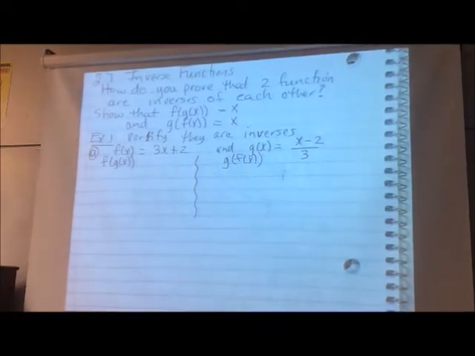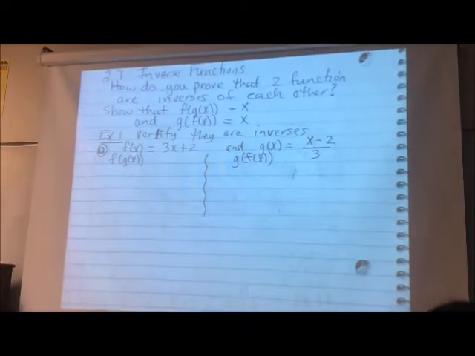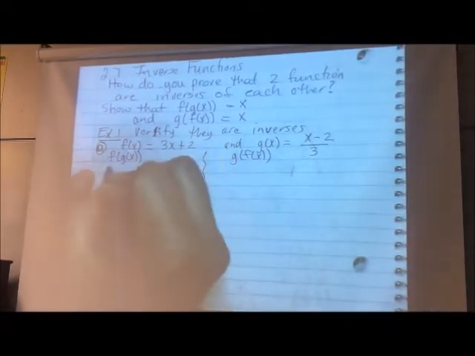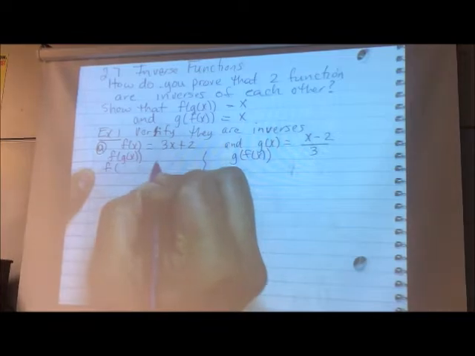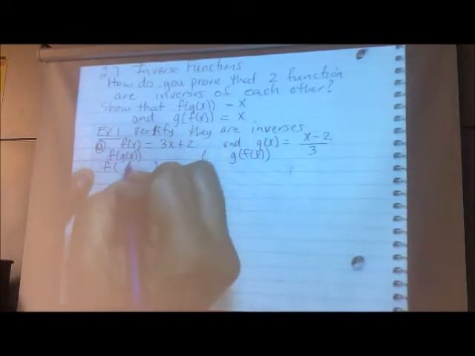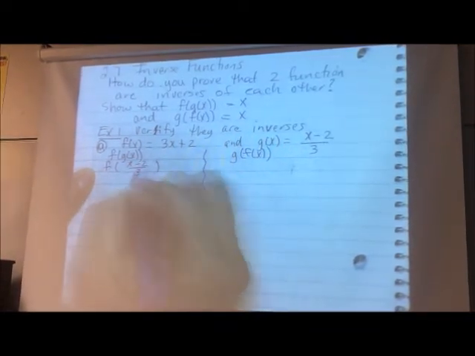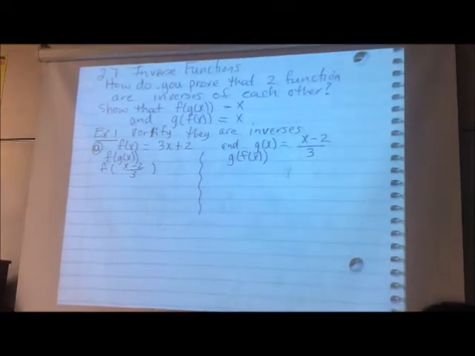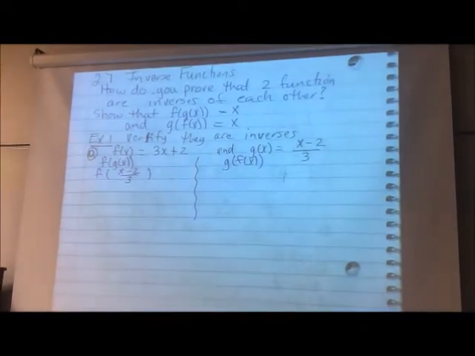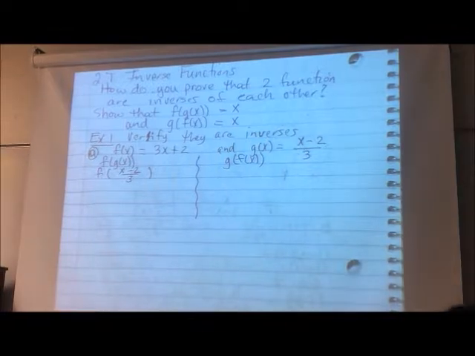So, is everybody caught up already? This means f of, who's g of x? x minus 2 over 3. Very good. Now, who do I plug in x minus 2 over 3 for? The x in f.